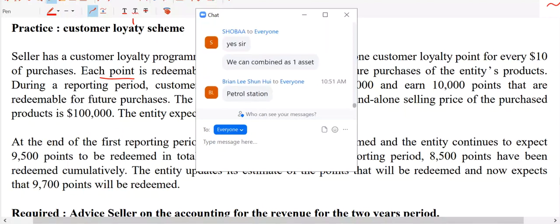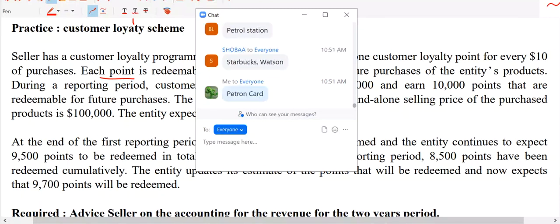Petrol station, or okay, I got a Petron card, Starbucks card, Watsons card. That's great. I got Aeon also. Okay, Aeon member card. Petron, Starbucks, Watsons.